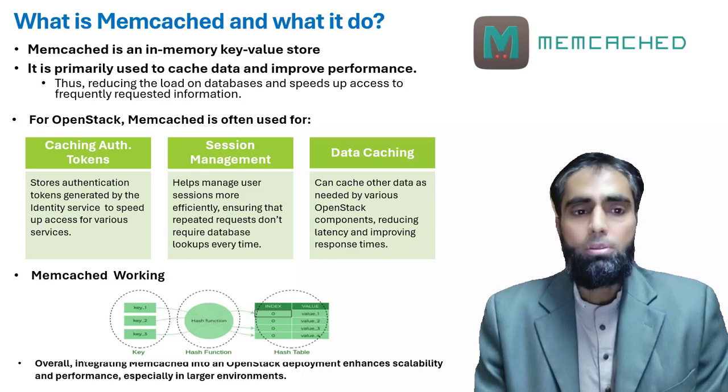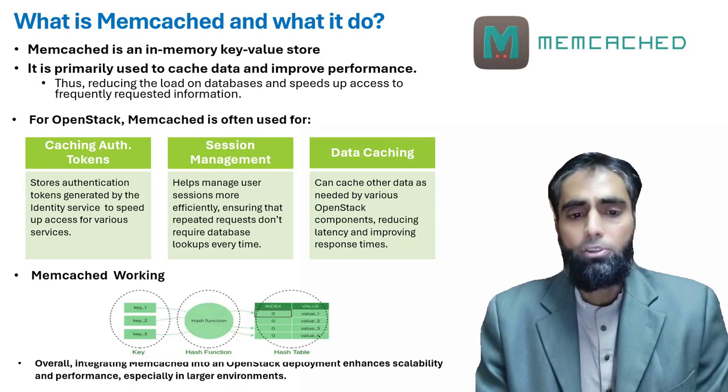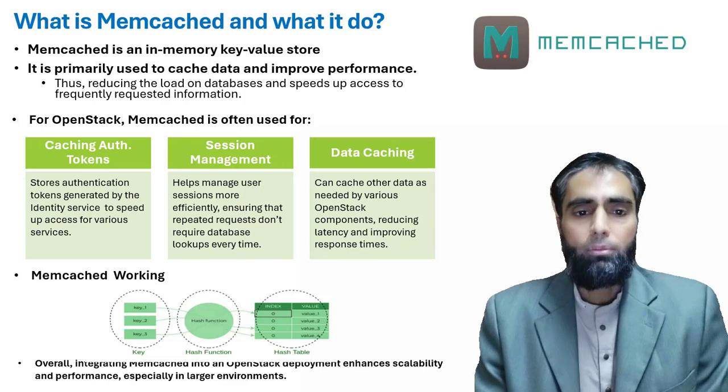In OpenStack, Memcached is used for caching authentication tokens, session management, and data caching. These are basically three different kinds of applications where the data involved is frequently accessed in OpenStack, and if we retrieve the data from the database server, then it is usually slow. So Memcached addresses this problem by storing the data required in these transactions.